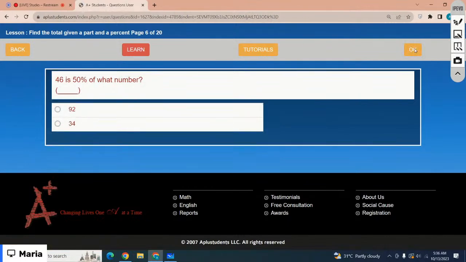46 is 50% of what number? Which is the correct option? 50% means half. 46 is half of what number?